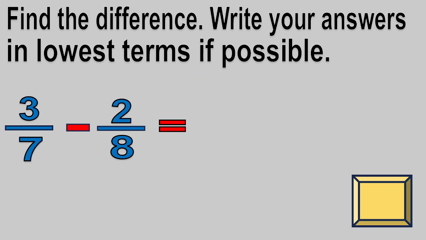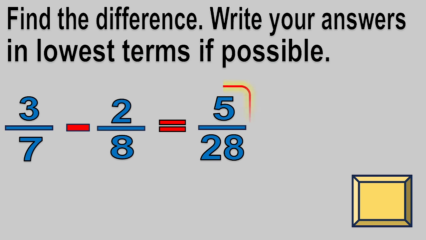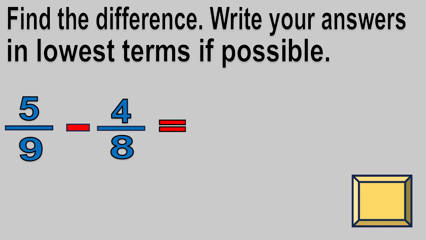Three sevenths minus 2/8. Time's up. The answer is 5/28. Next, 5/9 minus 4/8. Time's up.